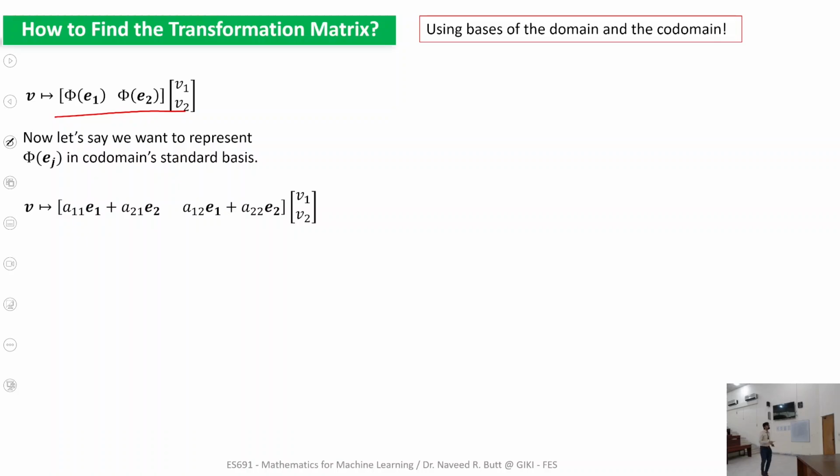Now let's say we want to represent phi ej in the codomain's standard bases. Okay. Now codomain जो कि R2 है, the function was from R2 to R2. What are the standard bases of the codomain? These are also E1 and E2. Yeah.